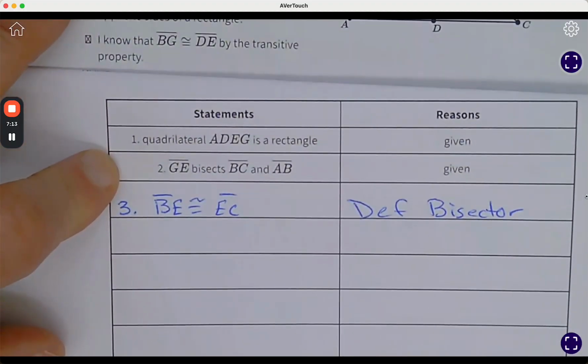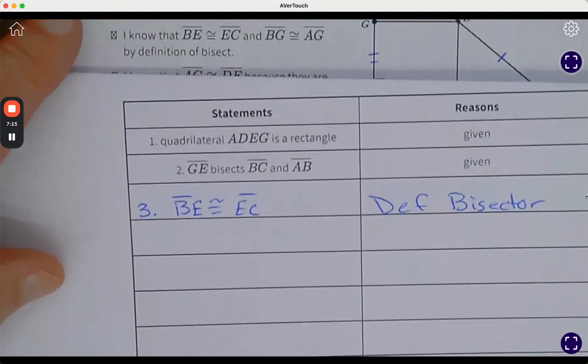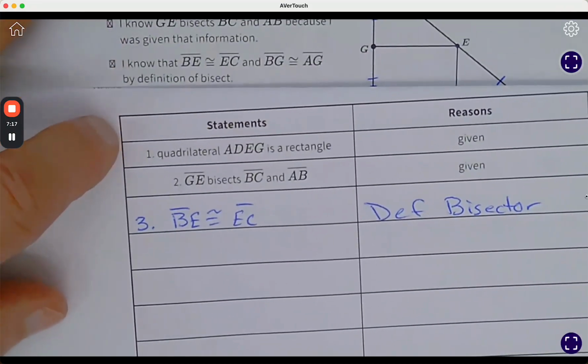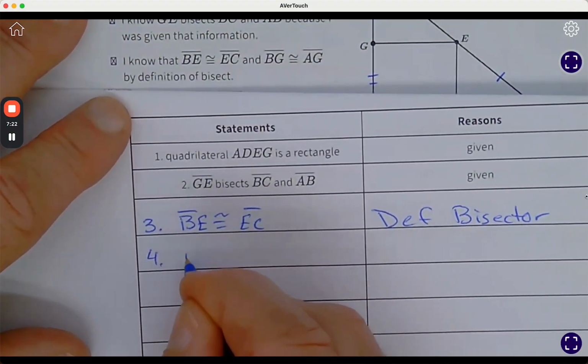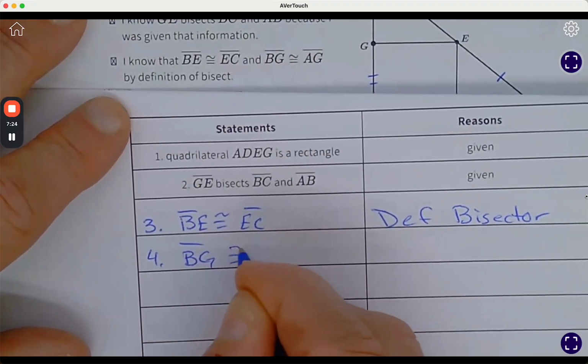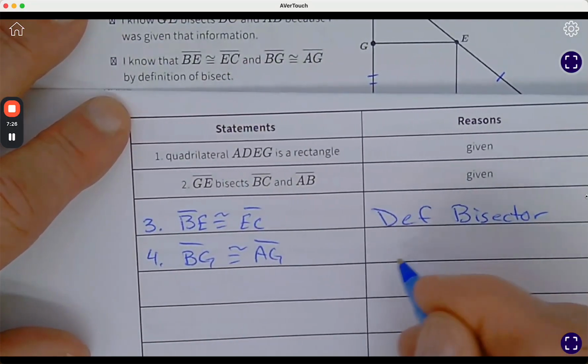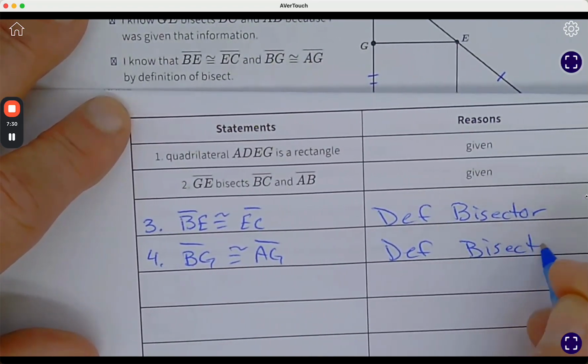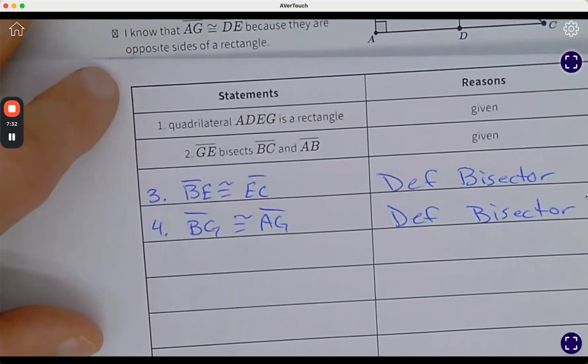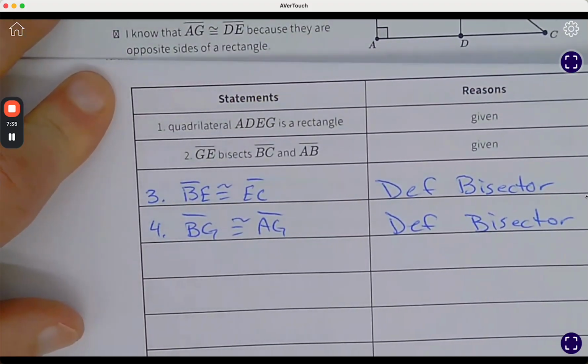Right there, sorry. They also told me that BG is congruent to AG. That's definition of bisector. They told me that AG is congruent to DE.